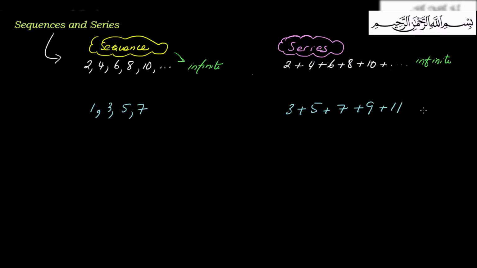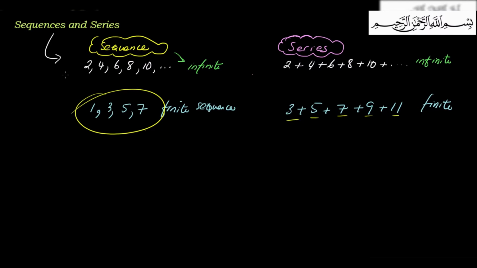So this particular series is a finite series, and this particular sequence is a finite sequence, because each has a limited number of terms. In this case, I have 4 terms over here, and over here I have 5 terms.